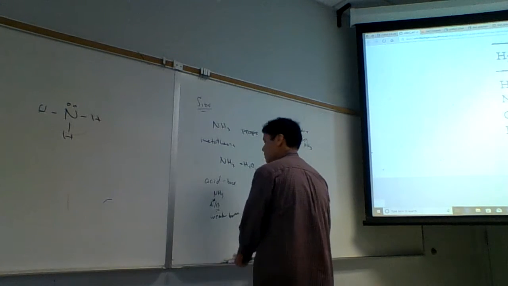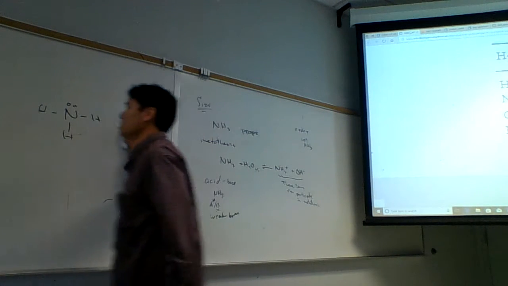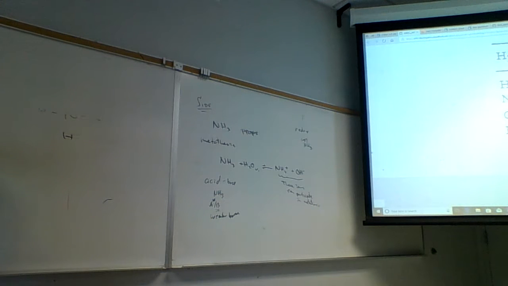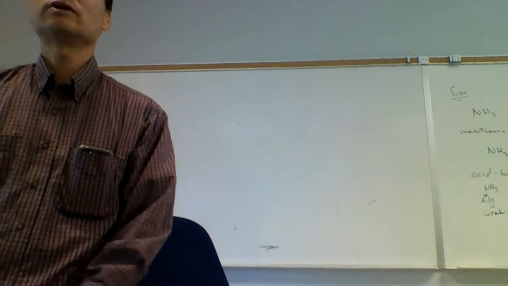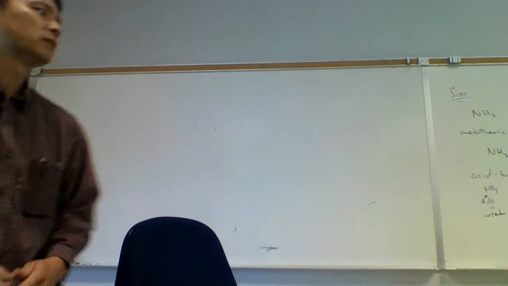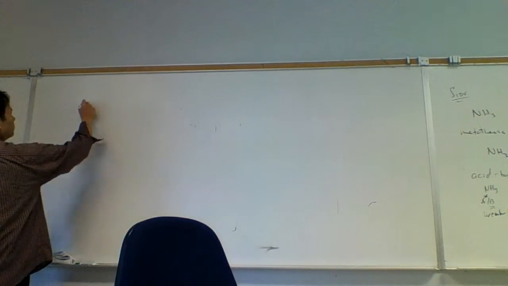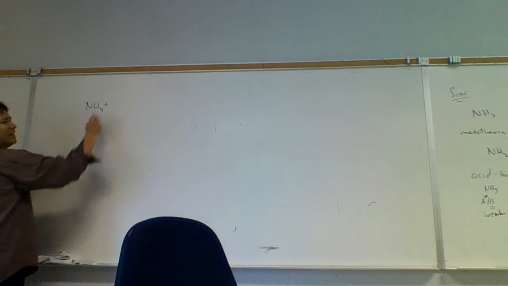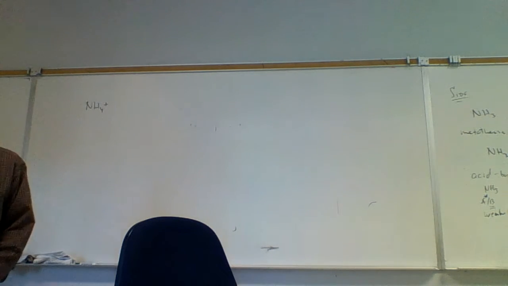However, if we just change the structure a little bit, then we'll change the properties. People get ammonia and ammonium confused all the time, but ammonium has totally different chemical properties than ammonia. Ammonium is not a weak base. Ammonium is a weak acid.